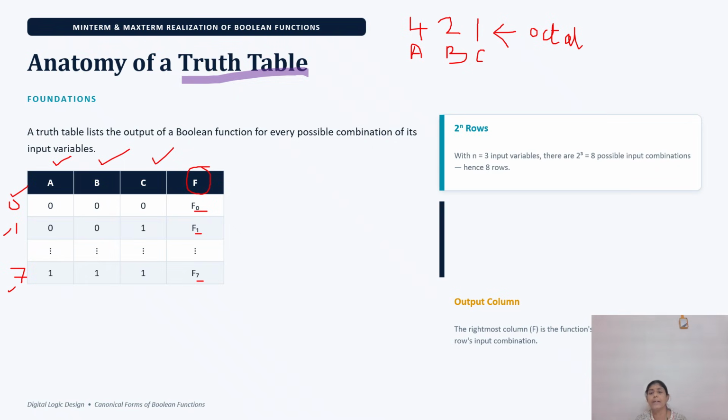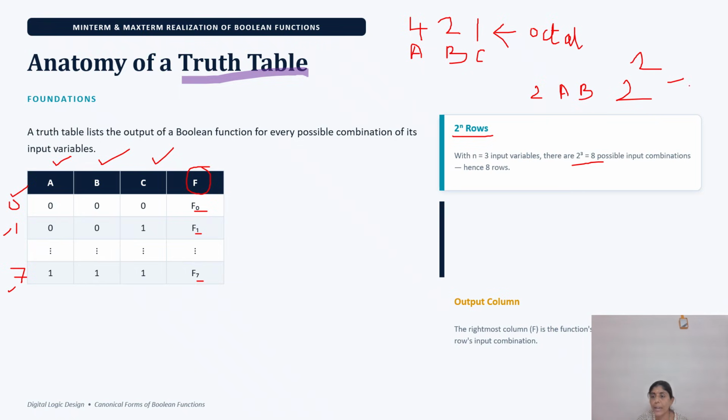See here, what I have written as 2 power n rows. Here n is the number of input variables, and with 3 input variables A, B, C, 2 power 3 means 8 possible combinations. If you have 2 inputs, A and B, how many combinations will you get? 2 power 2 is equal to 4 combinations.